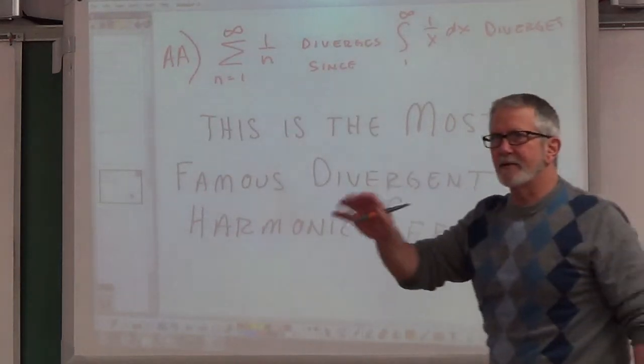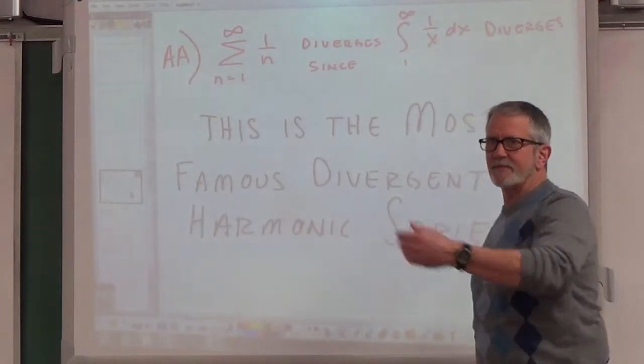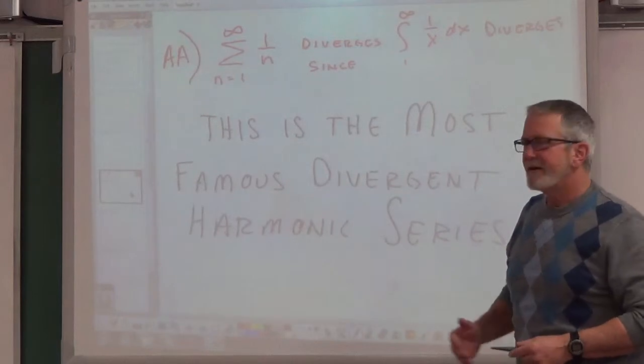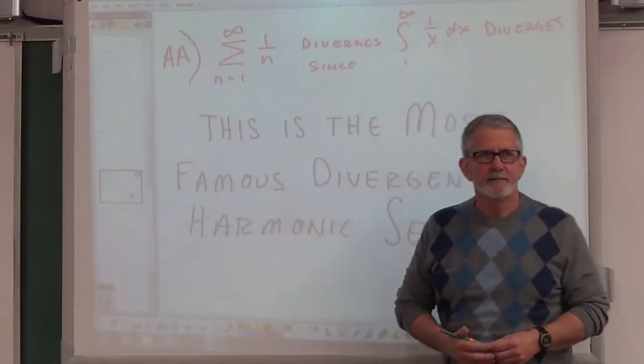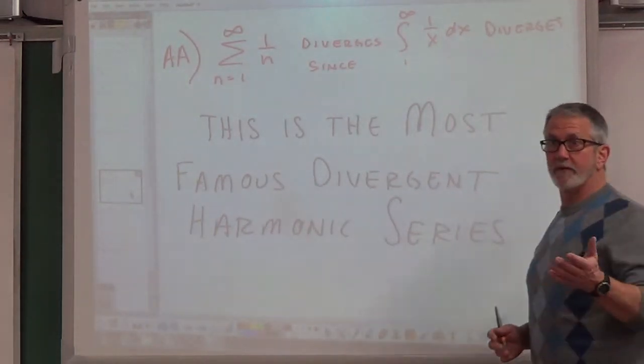It must have something to do with some harmony. And I will let all of you famous musicians discuss this harmonic series more in your music theory classes. Hopefully you will.